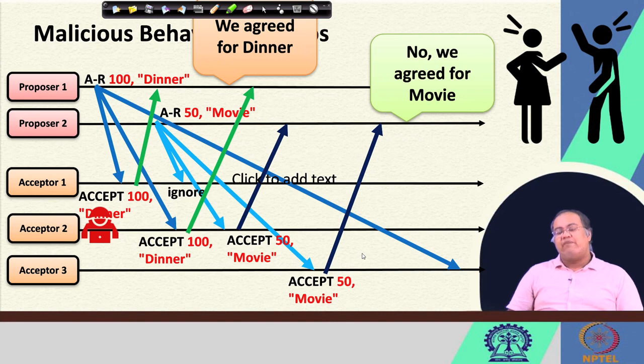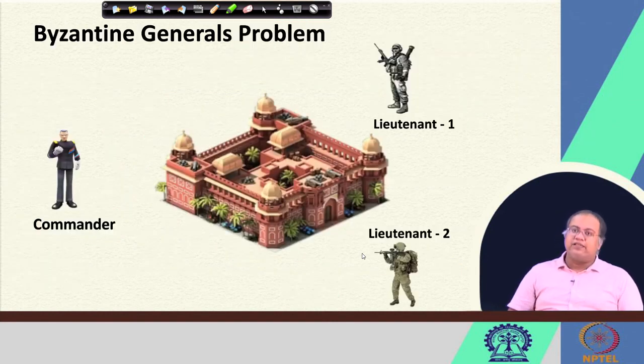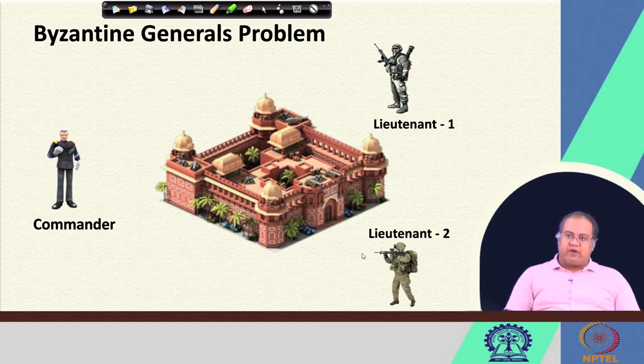So, Paxos cannot tolerate this kind of fault. This kind of fault has a name that we used earlier as well. We called it a Byzantine fault, and this idea emerged from a problem known as the Byzantine general problem.